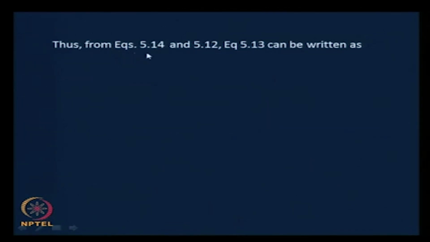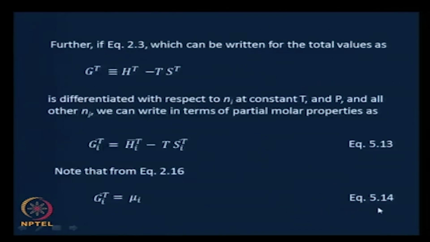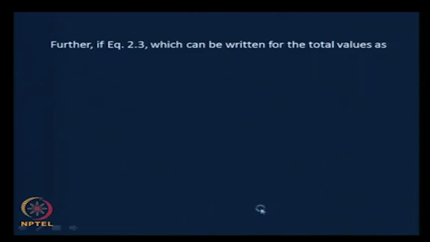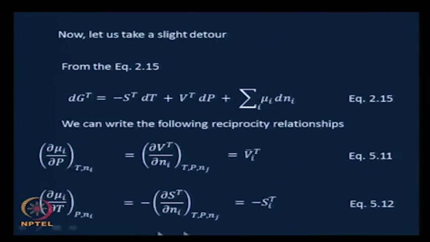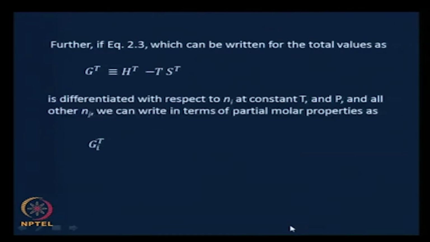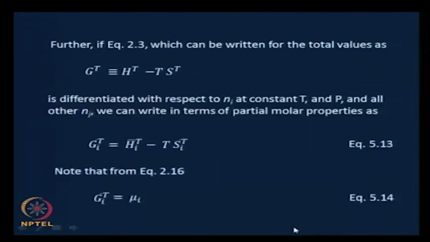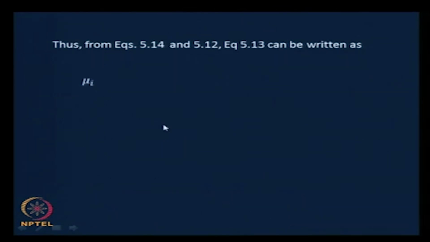Therefore, from equations 5.14 and 5.12, 5.14 being Gi-t-hash equals μi, and 5.12 being this one which we obtained from the reciprocity relationship, we can write μi equals Hi-t-hash plus T ∂μi/∂T at constant P, Ni.